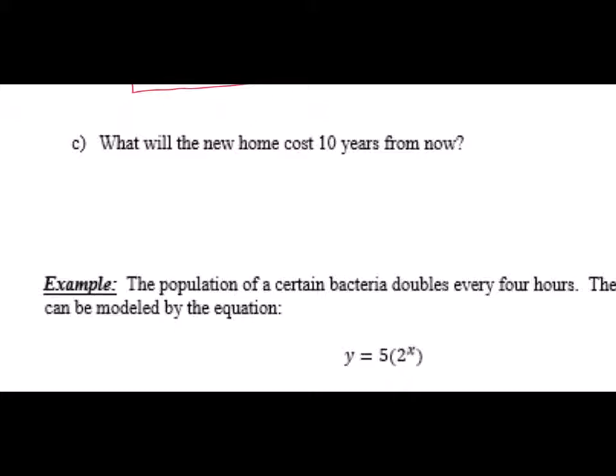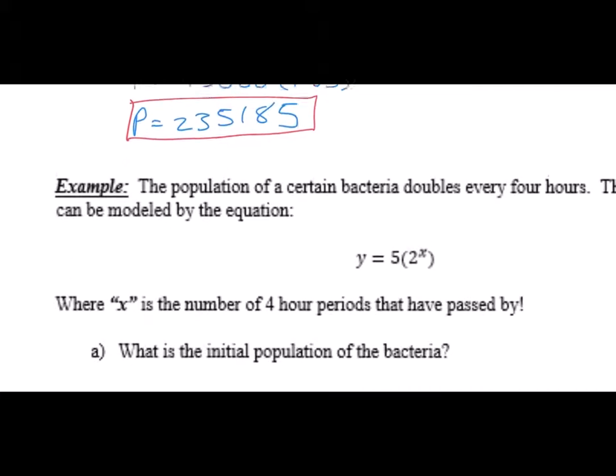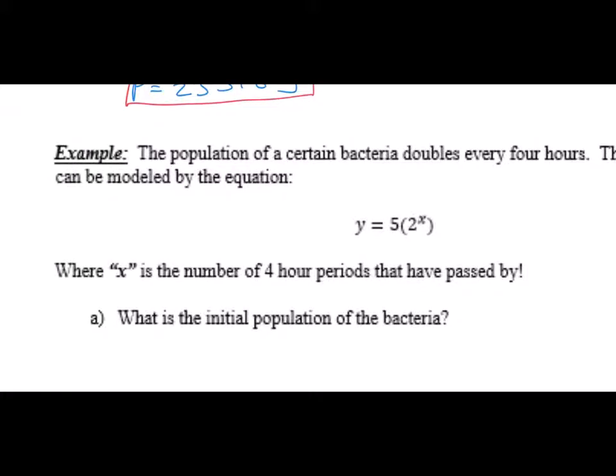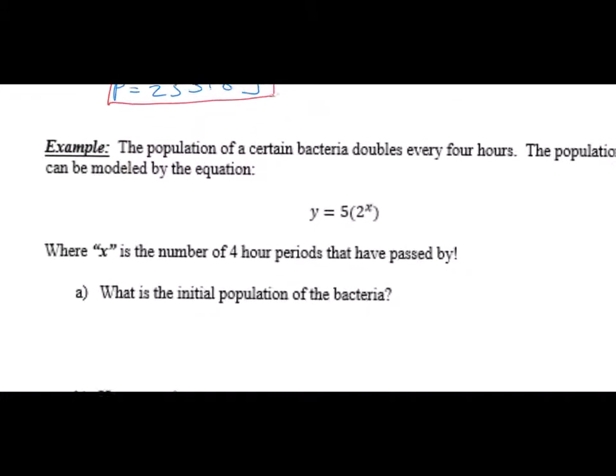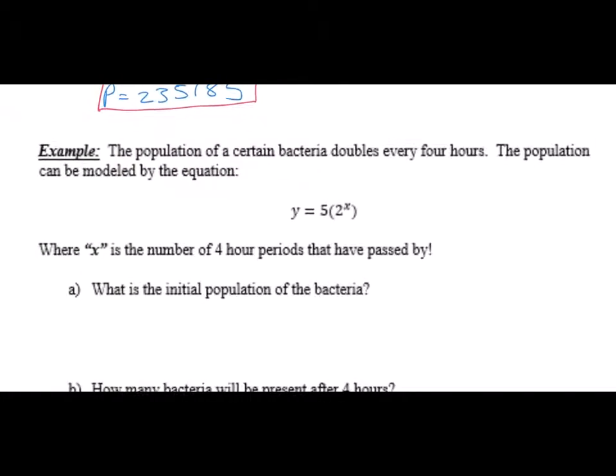Just remember, all we're trying to do today is make sure we understand how we model these situations, and also interpret certain things from those equations. For this next problem, we have some bacteria. It says the bacteria doubles every 4 hours.